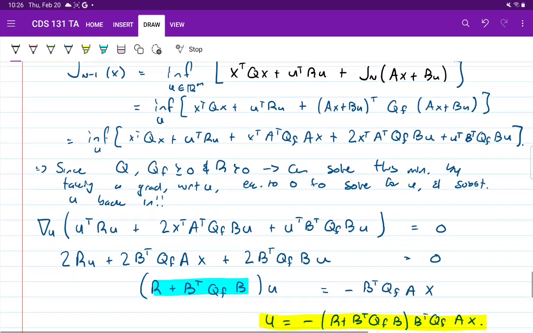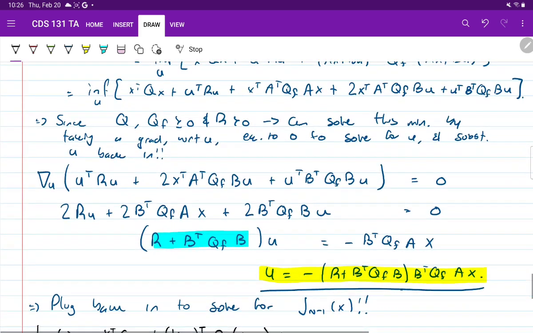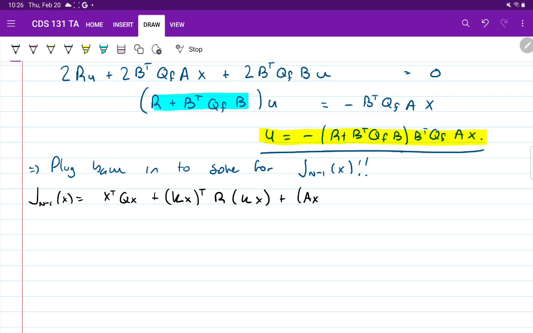So what do I get? Well, I'll get Kx transpose R times Kx, plus in this remaining term, I'll have Ax plus BKx transpose Qf times Ax plus BKx, all right? Now, if I simplify this, what do I see?